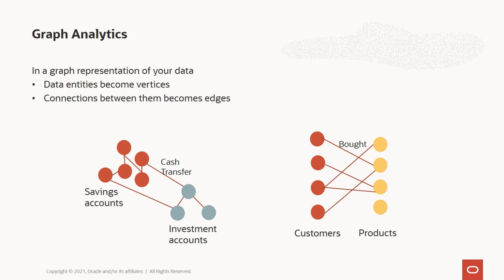And when a customer buys a product, that's a relationship between two vertices, and that becomes an edge. So any logical connection between data entities can become an edge in your graph. And in the property graph data model, edges and vertices can have properties associated with them. And you can model your graph from any data set right in your Oracle database.